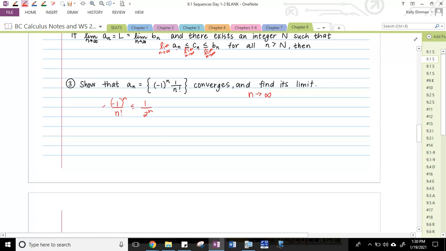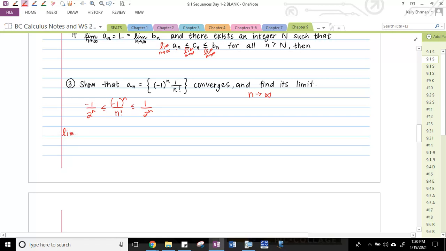Now this fraction is bigger than -1 over 2 to the n. Again, for large values of n, because 1 over n factorial could be something positive, and that would be bigger than the negative version of -1 over 2 to the n. Why did I pick that?